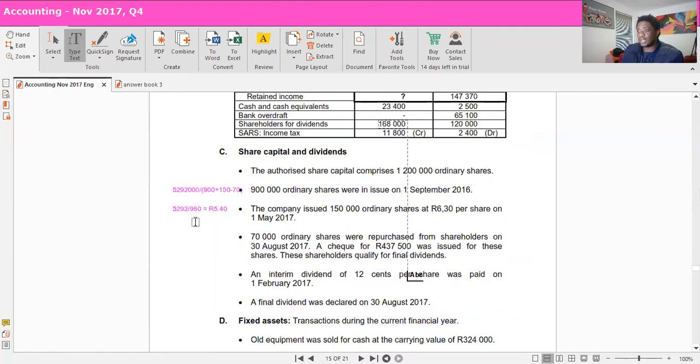So at the time it was paid, the 150,000 shares were not issued, and also the shares were not yet paid back. So it must have been paid on the shares that were issued right at the beginning of the year, which is 900,000.